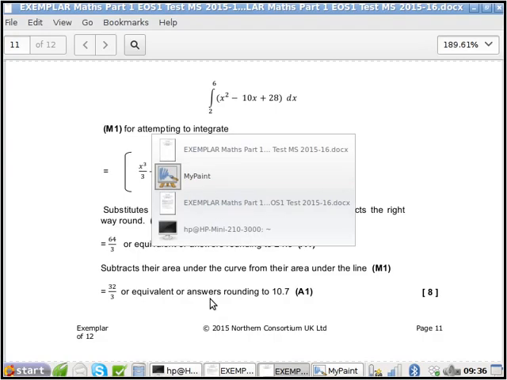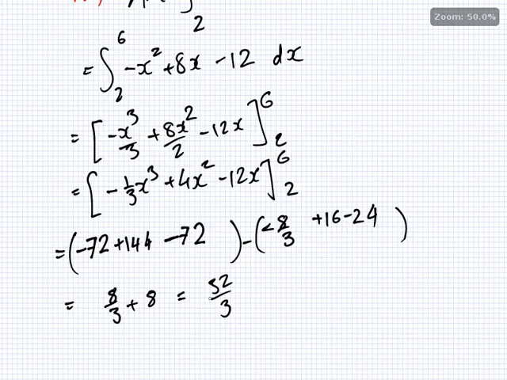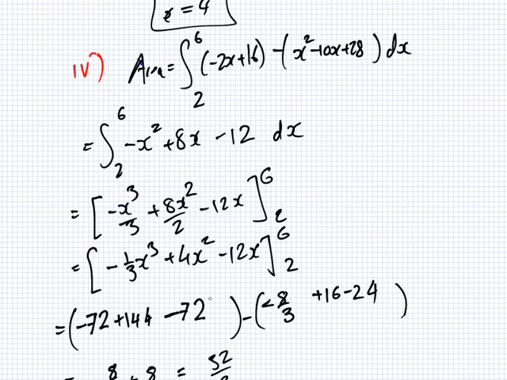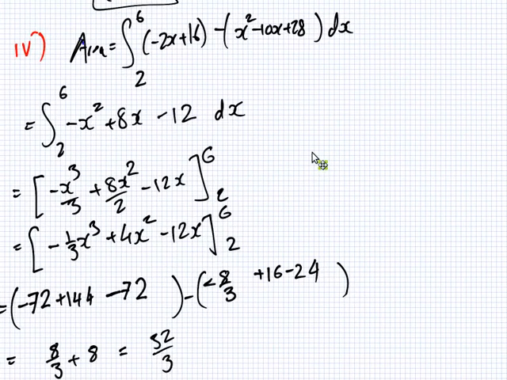8 marks is a lot for this question, I think. I know it's long, but part of the reason is that I don't have a calculator. If I had a calculator, I could have stopped sooner.